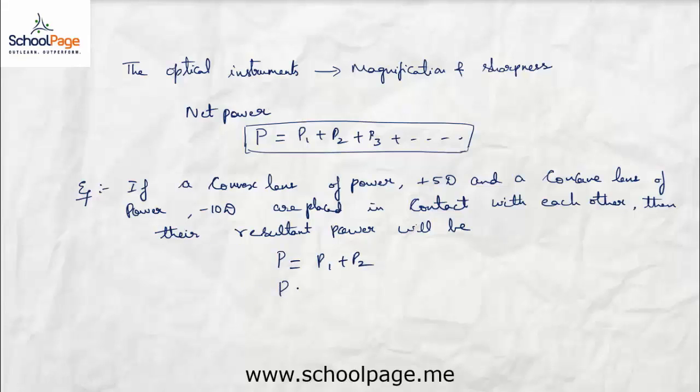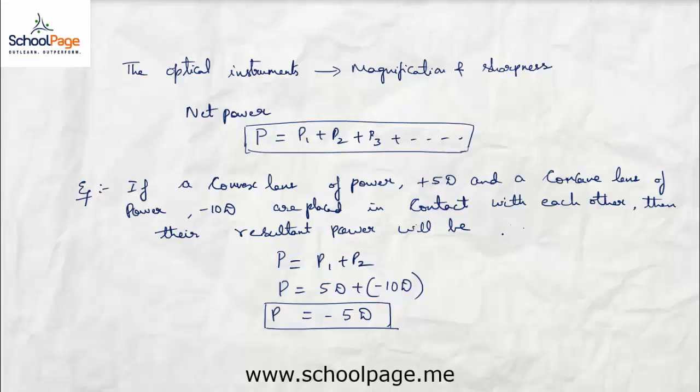That is, net power is equal to convex lens is given as plus 5 diopter plus concave lens is given as minus 10 diopter. So if we add these two, we get minus 5 diopter. So this is the resultant power. So we have noticed that the combination of convex lens with a concave lens behaves like a concave lens.